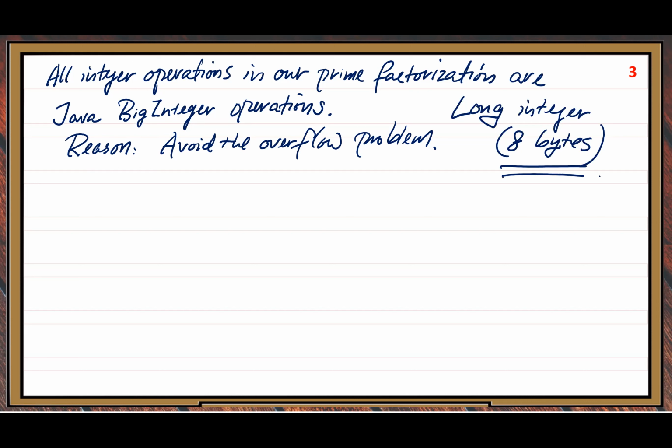It is very easy to get overflow quickly. But in the real world, when we do prime factorization, usually it's on very big numbers. We don't want this 8 byte restriction. No such restriction in real world application.